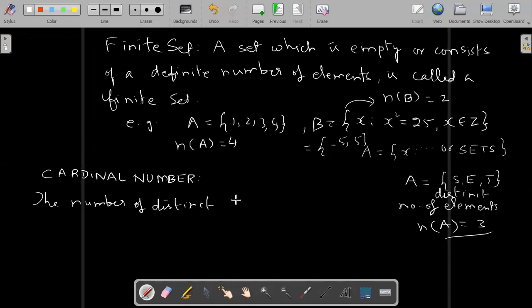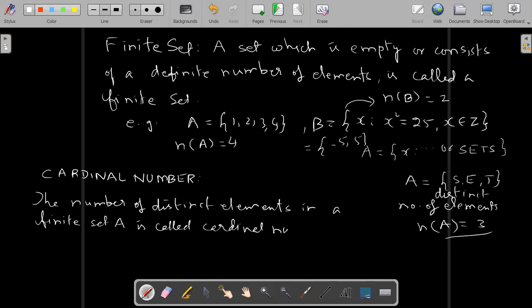The number of distinct elements in a finite set A, any set A, is called the cardinal number of set A and is denoted by n(A).